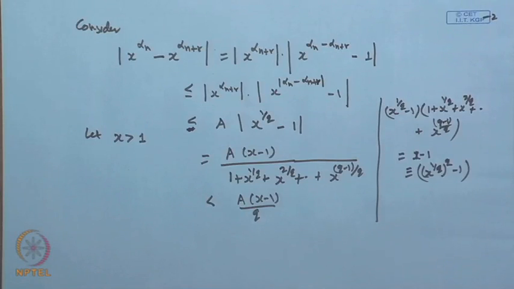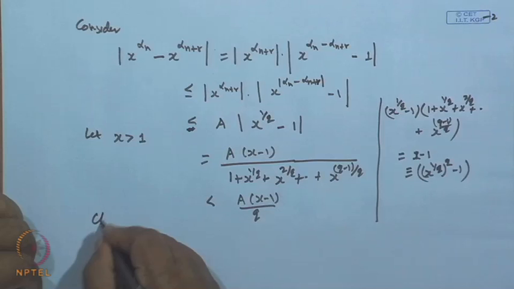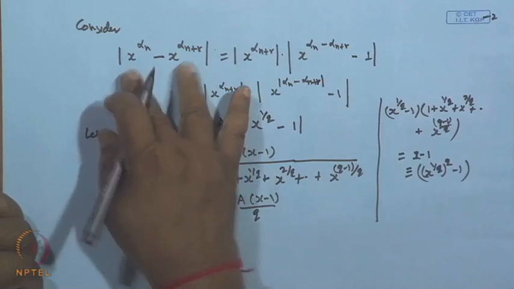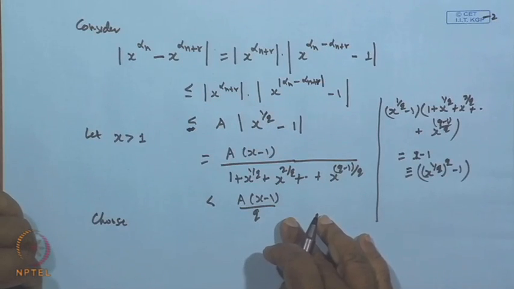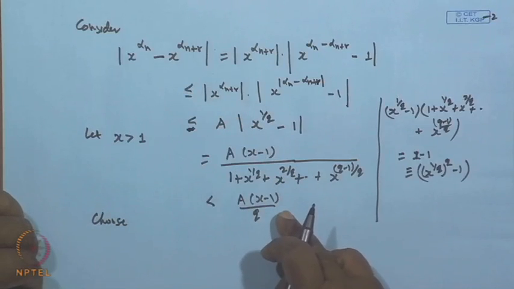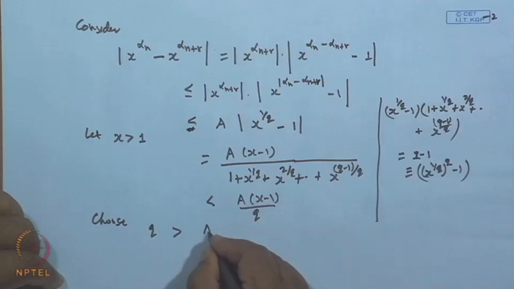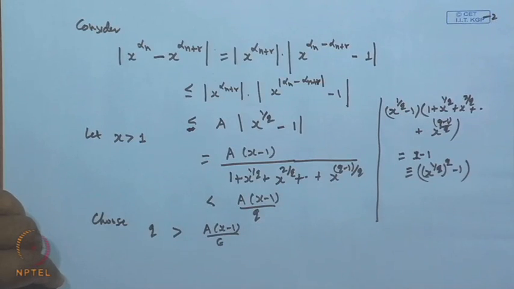Is it okay? Now, if I choose epsilon, we want this whole thing to be less than epsilon, is it not? To show this is a convergent sequence, we wanted this to be less than epsilon. So, if I choose q greater than a x minus 1 by epsilon, then what happened?